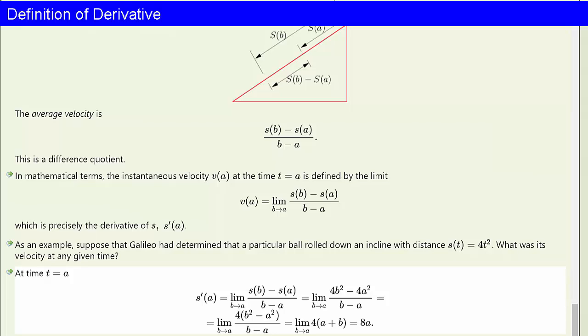And that's the limit as b tends to a of 4b squared minus 4a squared divided by b minus a. You clean that up and you end up with the limit as b tends to a of 4 times a plus b, and that limit is just 8a. This straightforward calculation of a derivative Galileo was unable to carry out because he lacked Descartes' marvelous invention, analytic geometry.